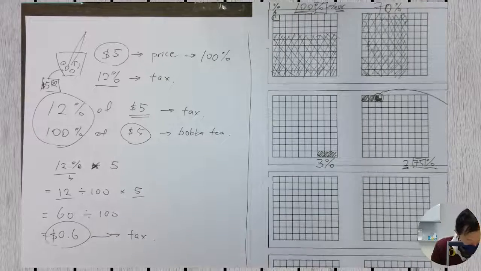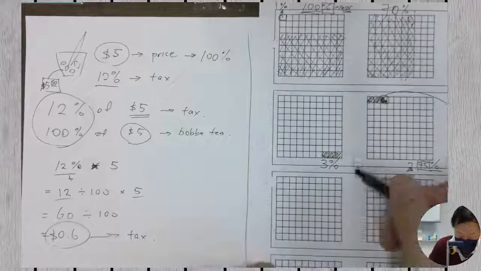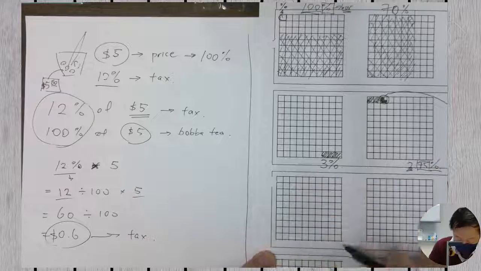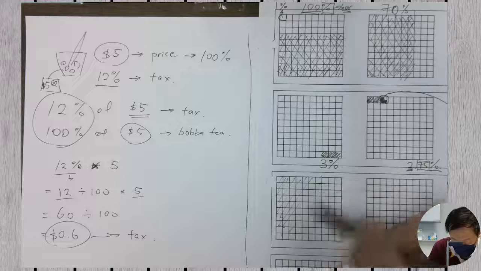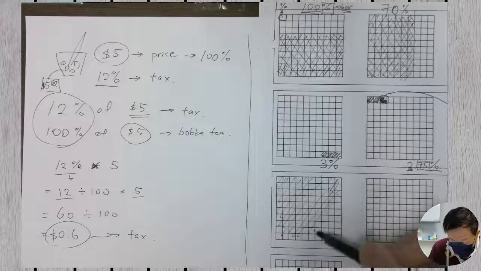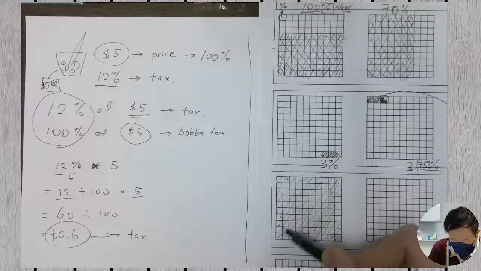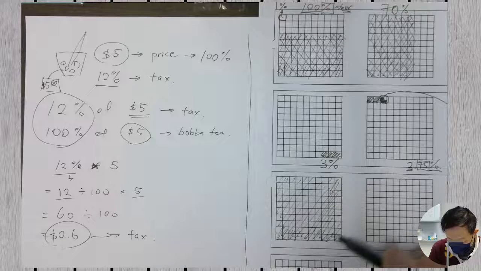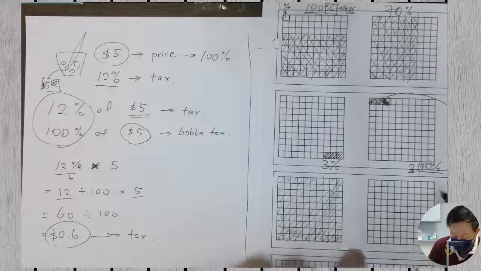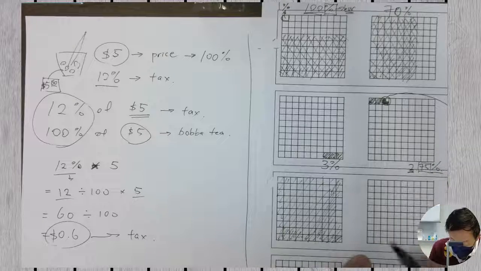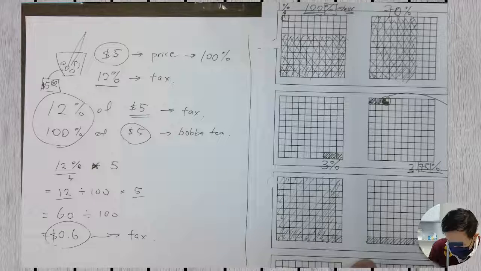112%. We know that each of these 10 by 10, 100 boxes is my 100%. Notice that each box is 1%. And I need more boxes. What do I do? I'm going to spill over here. 12. Each row would be 10.